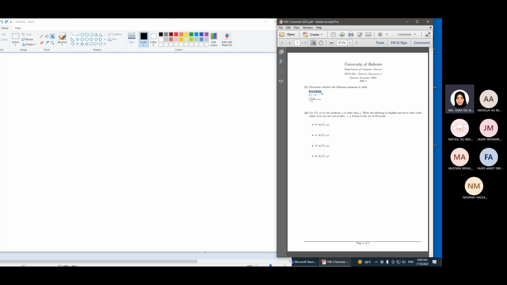Calculate hypothesis 1, calculate hypothesis 2, calculate hypothesis 3. Then look over only the true hypotheses. Try to find what is the value of Q. If you find one of them false, it means this is the counterexample. Okay?